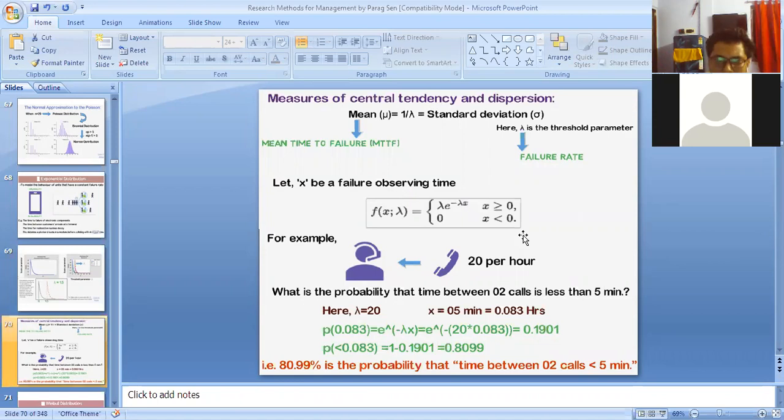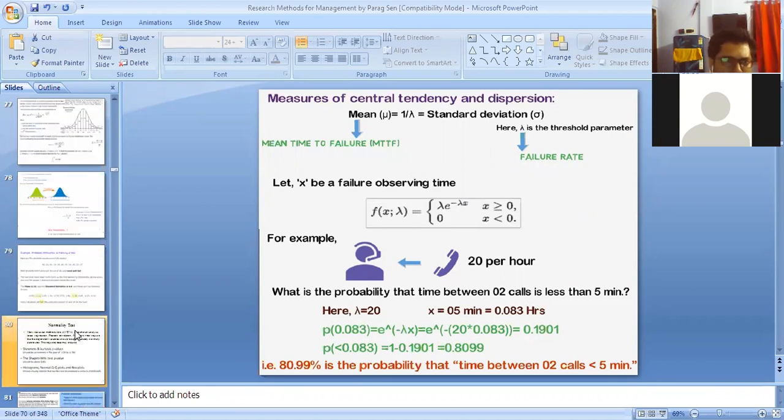This is the formula, and this is the likelihood function. Why is it a likelihood function? Because if the value of x is given, and if you know the shape parameter lambda, then you can very easily find out the value of y, which reflects your likelihood. So this is the likelihood function for the exponential distribution.